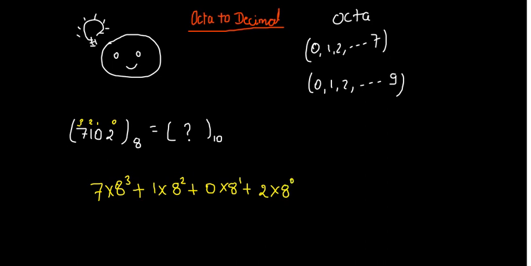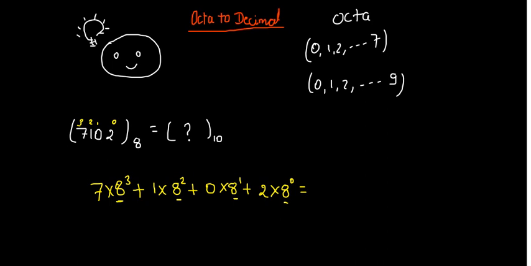I hope you are able to relate that, because in place of the base 2 we have written 8 here, which is the number base. As you can see, it's common. Just like the place value thing that we have discussed, we have done a similar thing here. Now it's time to write the final answer. So what will the final answer be?